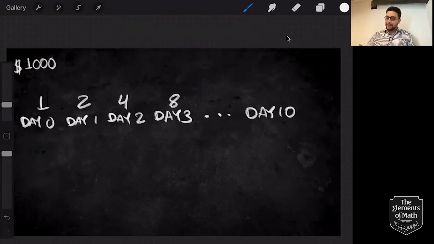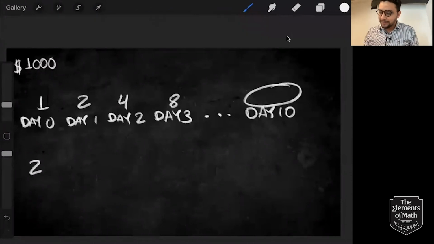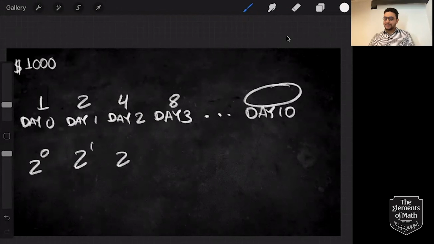So how much money am I going to be giving to you at day 10? Just notice here, 1 is the same as 2 to the power 0. 2 is the same as 2 to the power 1. 4 is the same as 2 to the power 2. And 8 is the same as 2 to the power 3.